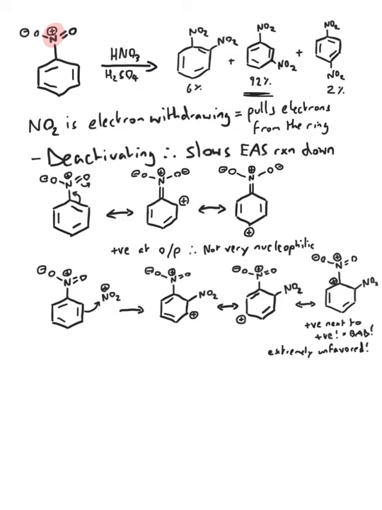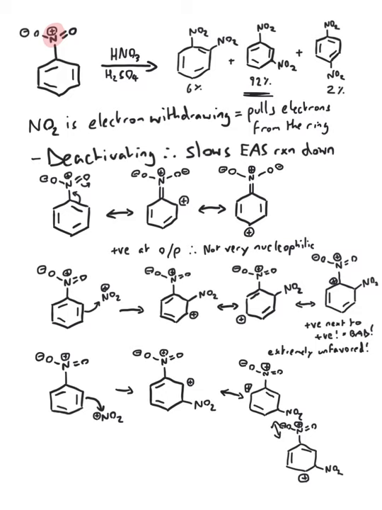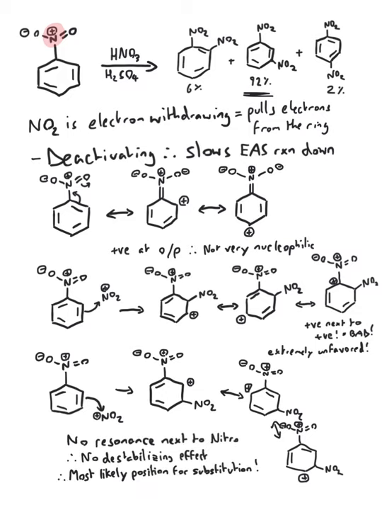However, if we get substitution on the meta position, we cannot resonate the carbocation onto the carbon next to the nitro group. Therefore, there is no such positive-positive interaction that destabilizes it. So in other words, this is less destabilized. The only reason we get meta substitution is because ortho and para substitution are less favored.